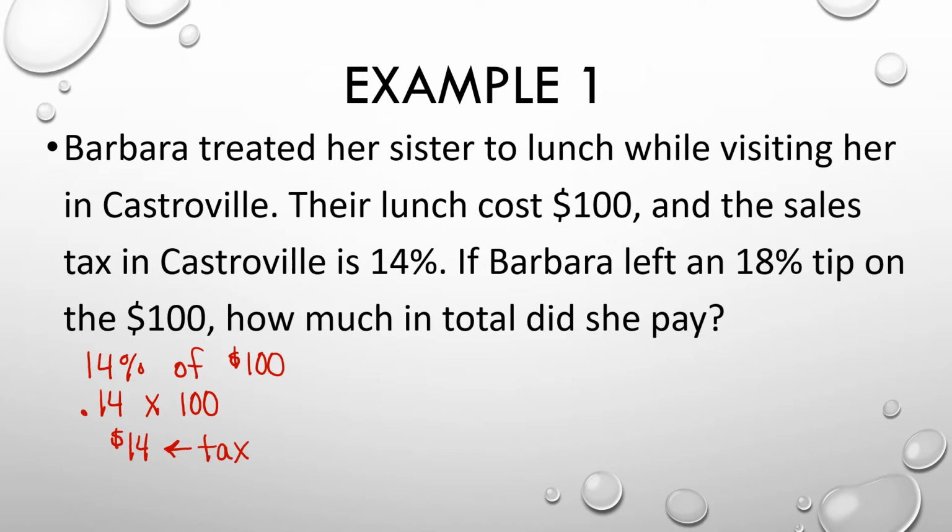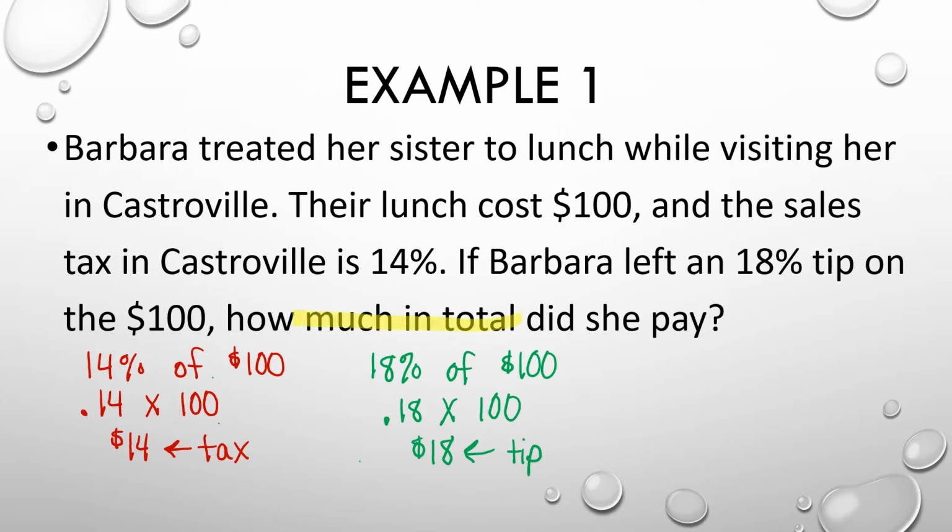Okay, now we're also going to have to calculate our tip. So it was 18% of $100. So that is 0.18 multiplied by 100, which is 18. So $18 would be your tip. Now, always be careful what the question is asking us for.